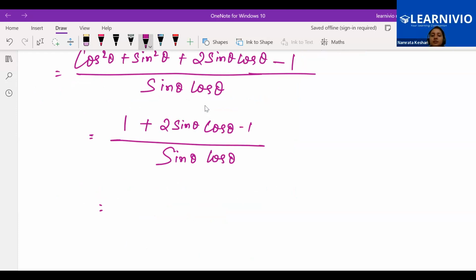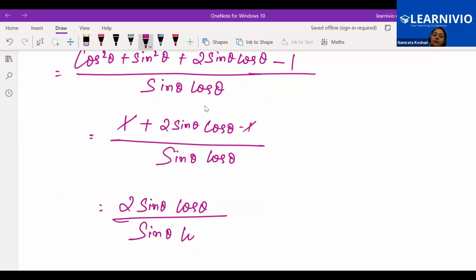What will be the final result? 1 and 1 will cancel out. Yes or no? Yes, ma'am. So we will have 2 sin theta cos theta by sin theta cos theta. So the value will be, is it 2? The final answer is 2.